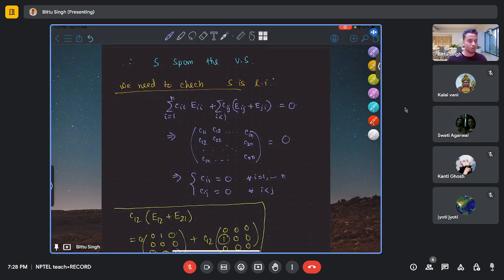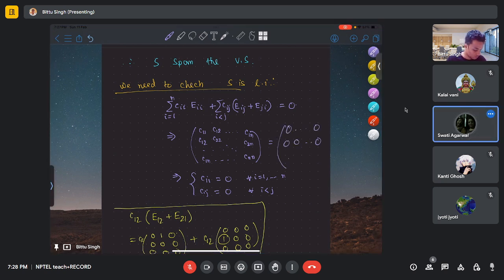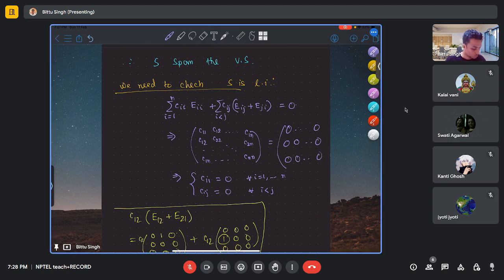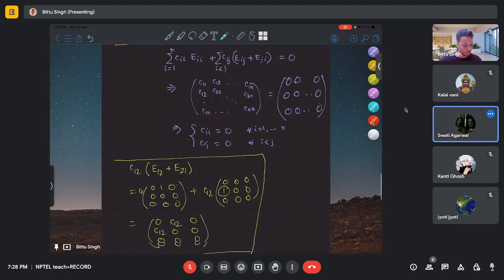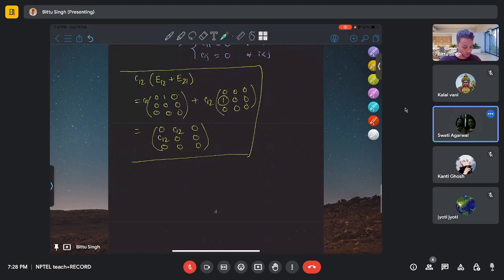Because what is the 0 matrix? 0 matrix means this matrix, 0 everywhere. And 0 everywhere means each term will be 0. Each term here, what are the terms? C11 up to Cnn. That's why. I got this. Okay, great.